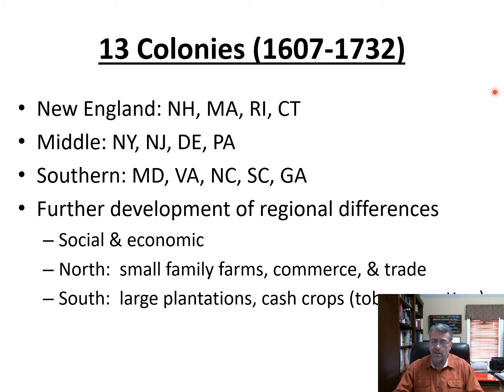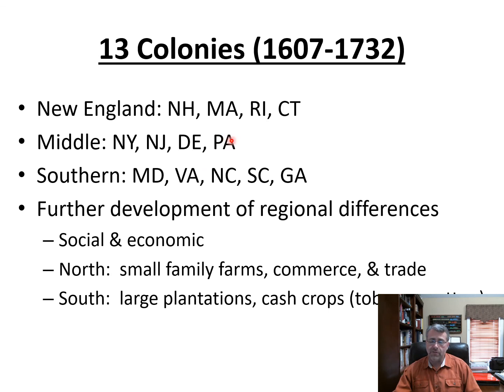Now, we've divided them into these three distinct regions because at this point, in the 1730s, they are very distinct regions. In New England, like we've already discussed, we've got a very distinct settlement pattern, small, compact, tight-knit communities centered around religious faith. So that characteristic describes all of these New England colonies. They're all very similar in that respect. Our middle colonies, we've got a very distinctive multicultural character. New York and New Jersey, we've got a lot of Dutchmen living there.